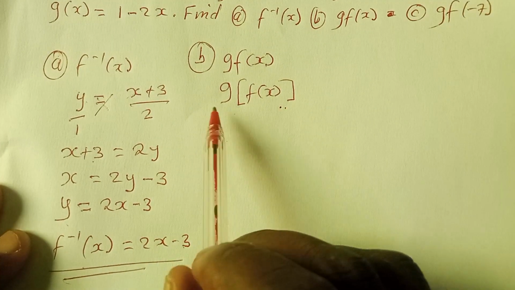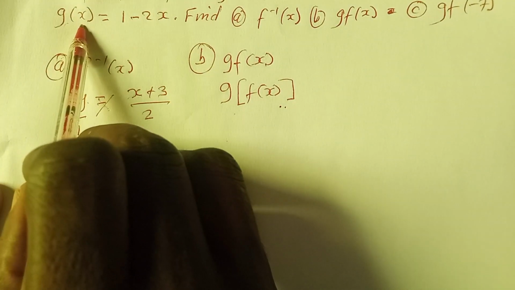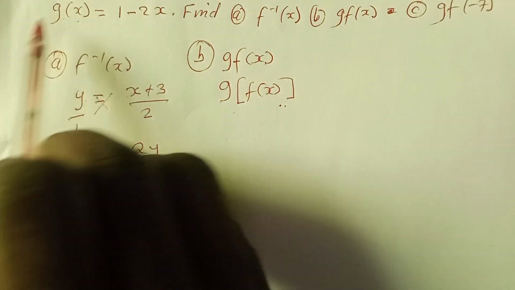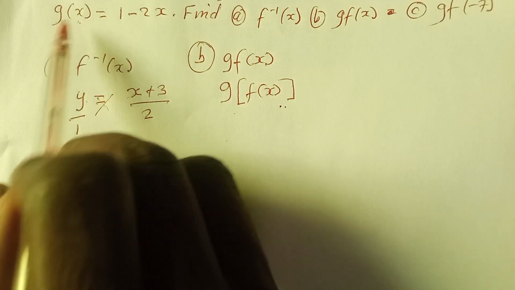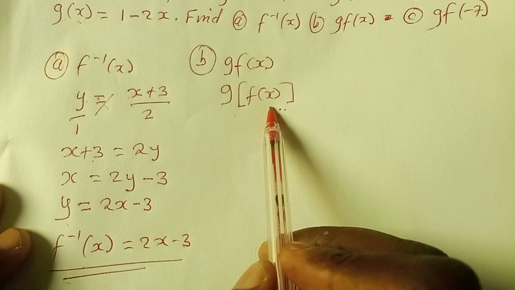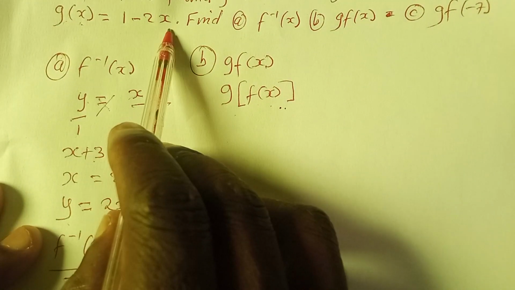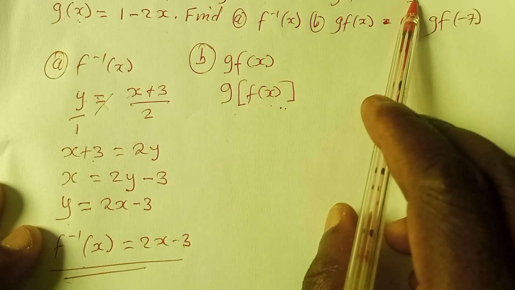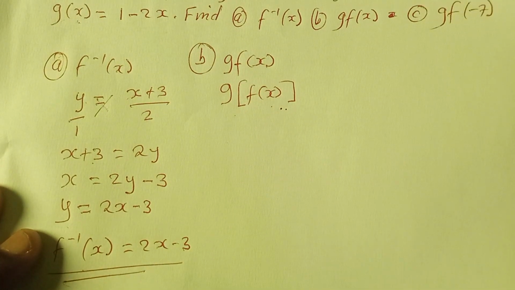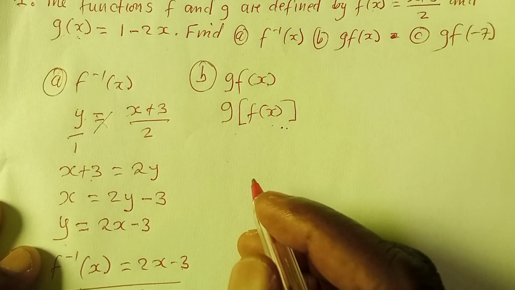Now we go to g. G is here, so x is inside there. What is inside here this time is f of x. So what does that mean? Where there is x in this function, we should put the value for f of x there.